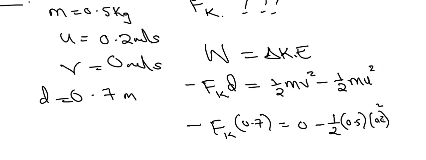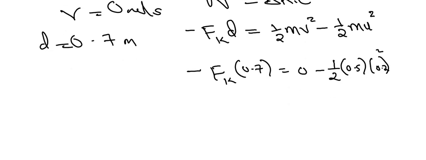So from here we have negative 0.7 Fk equal to negative, and half of 0.5 is the same as 1/4, times 0.2 squared.